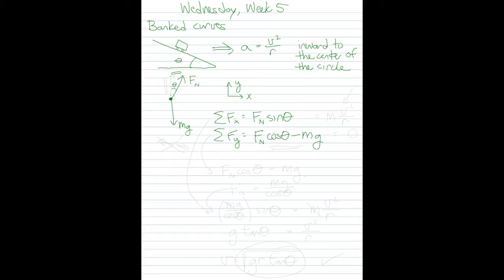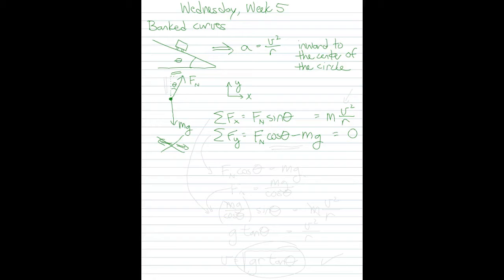Now, if we want the person just to go around in a circle, we don't want them to go up and down the ramp. So we don't want any acceleration along the ramp, which means there's no acceleration in the y direction. So this has to be 0. The only acceleration that there's going to be is in the x direction, and furthermore, it has to be v squared over r.